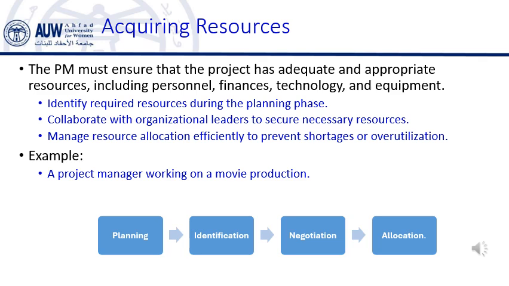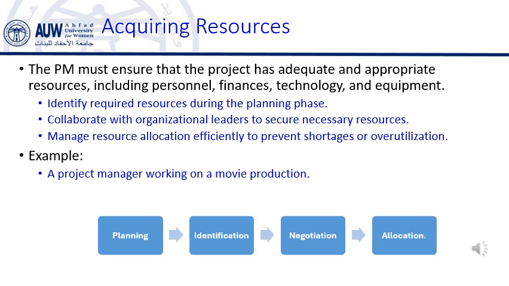Let's take an example from the film industry to illustrate acquiring resources. Imagine a project manager working on a movie production. The PM needs to acquire people: actors, directors, technicians, etc. Materials: costumes, props, and filming equipment.